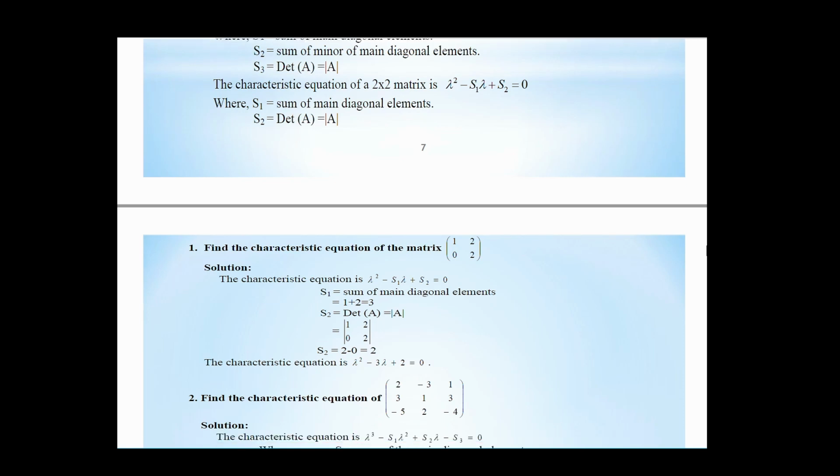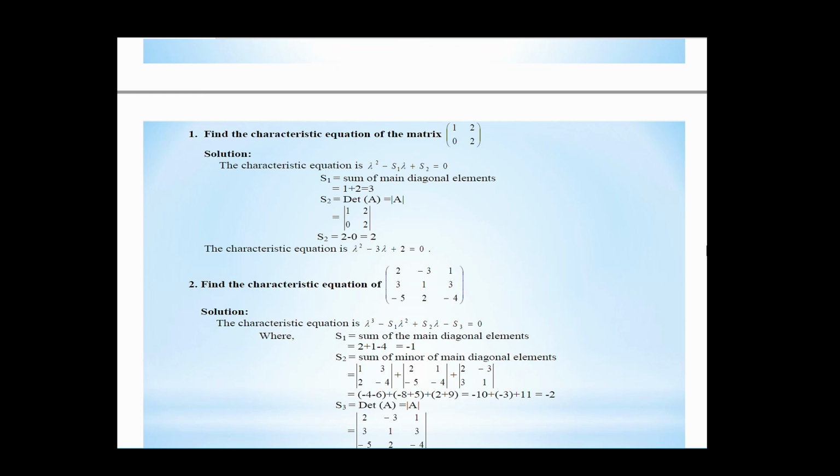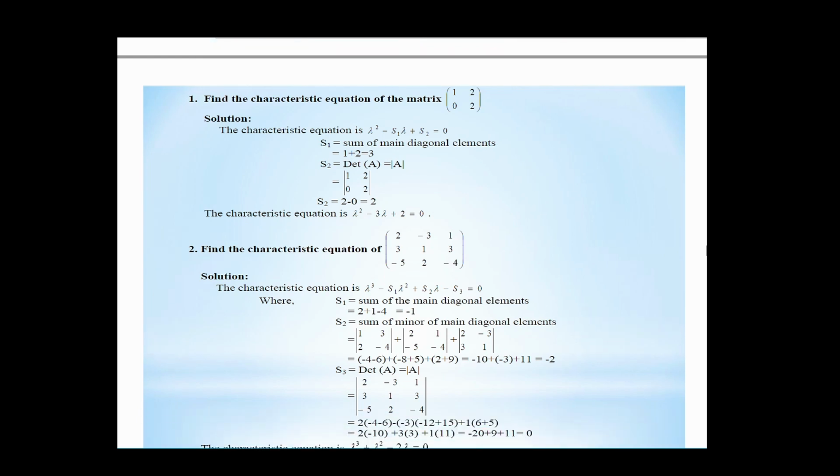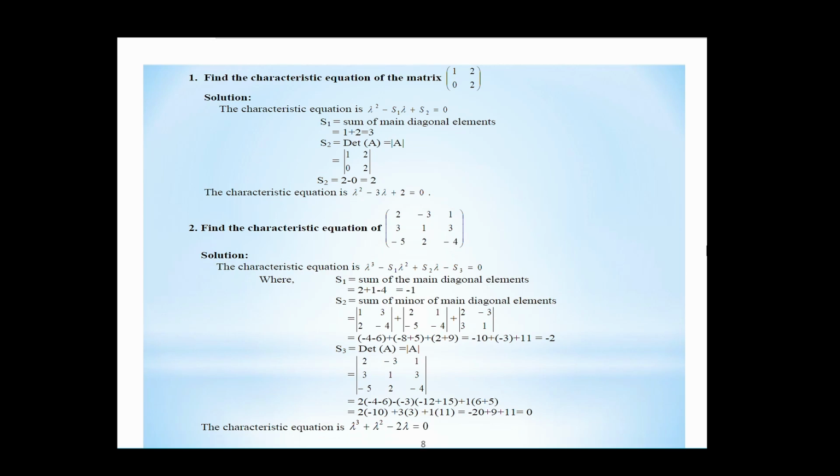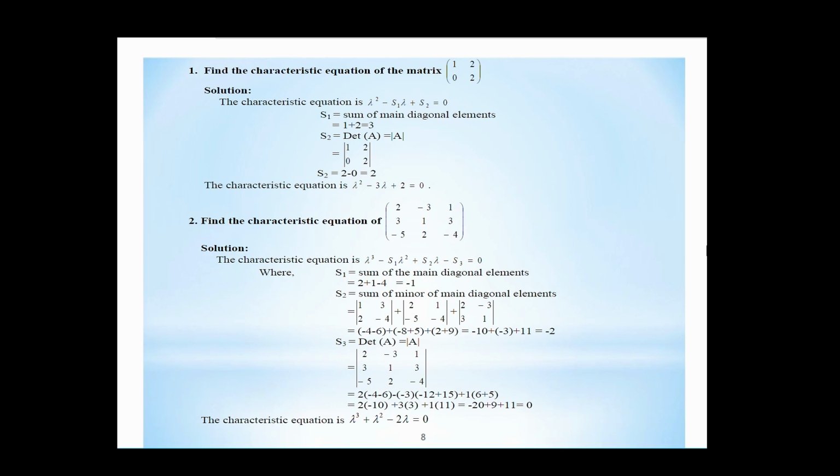Now we see some examples for finding the characteristic equation of a matrix. First problem: find the characteristic equation of the matrix [1, 2; 0, 2]. Use the form lambda squared minus s1 lambda plus s2 equal to 0. S1 is the sum of the main diagonal elements, or trace of the matrix: 1 plus 2, we get 3.